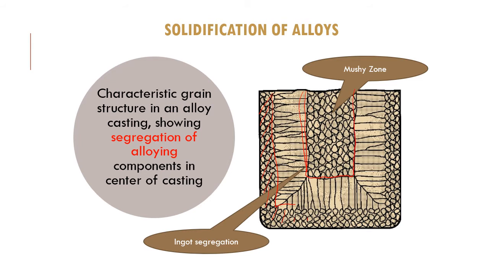During the solidification, there will be other grains created inside here, instead of the small grains and then dendritic growth, and there will be another microstructure in the mushy zone. The part that separates the dendritic and mushy zone is called ingot segregation.